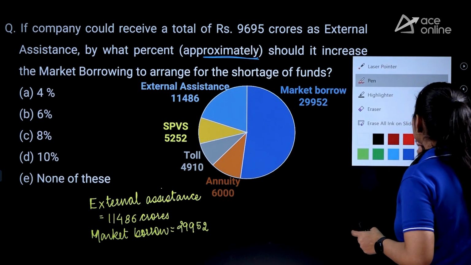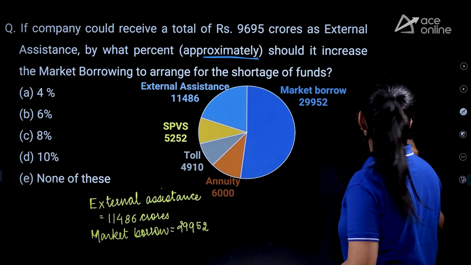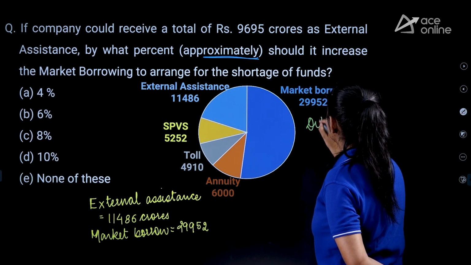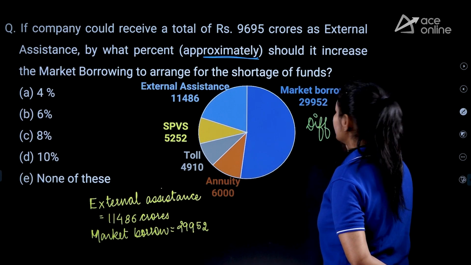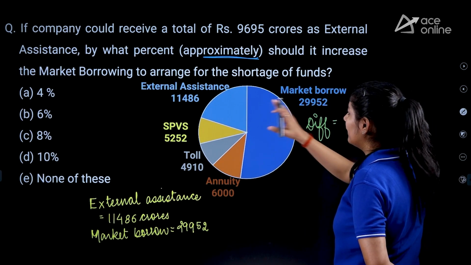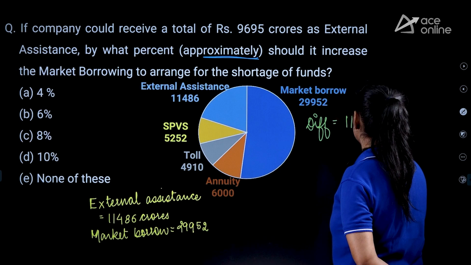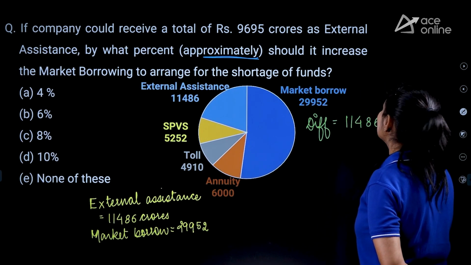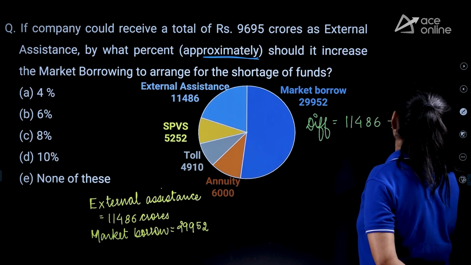So first we will simply find out the difference. We want 11,486, but we are only getting 9,695.